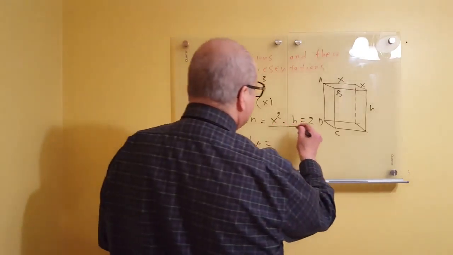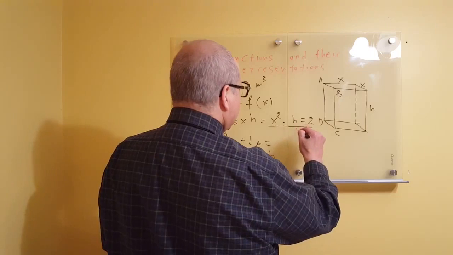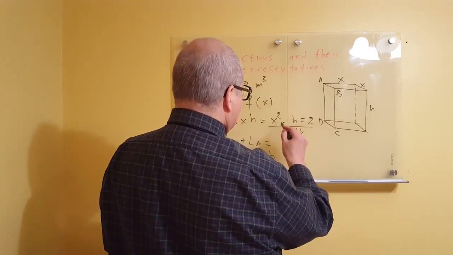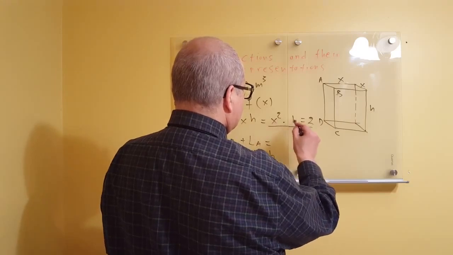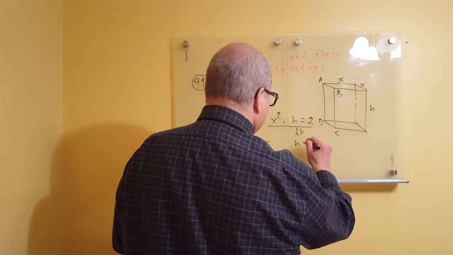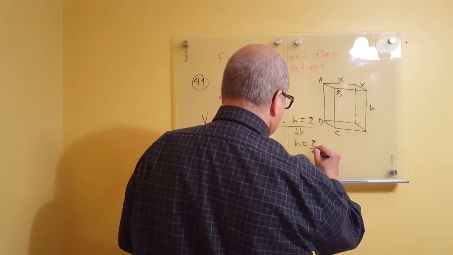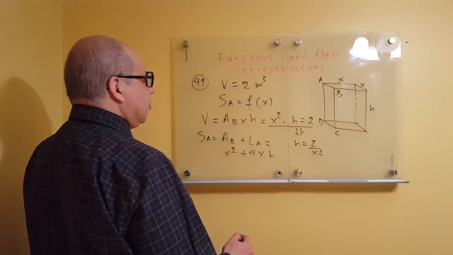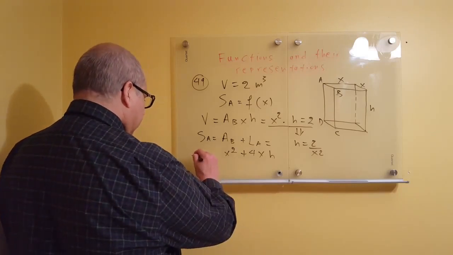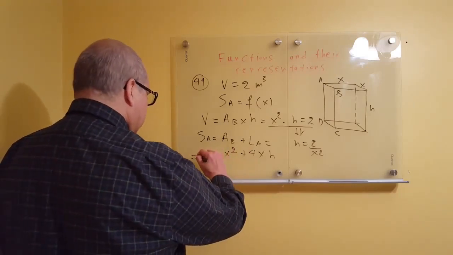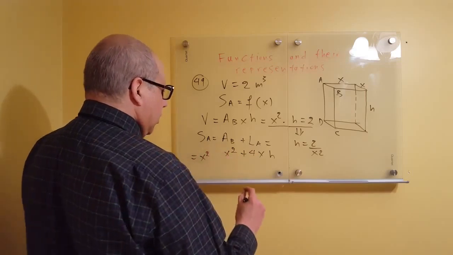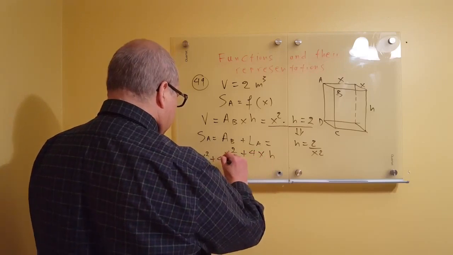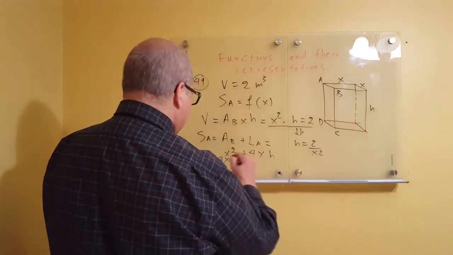From here, if you solve for h, because we know x squared times h is equal to 2, h is equal to 2 over x squared. And now everything is good, because we can go back here and substitute the h with 2 over x squared.